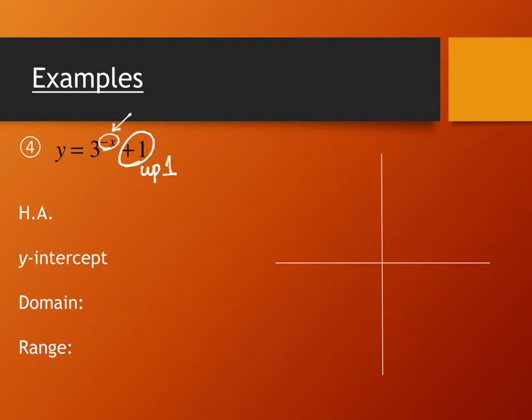Say it loud for me, Megan. It reflects over y. So this reflects over y. And if you have a hard time remembering which is which, this is actually a horizontal reflection. And anything that occurs inside happens horizontally. Anything that occurs on the outside happens vertically. Okay? So this is a horizontal reflection.